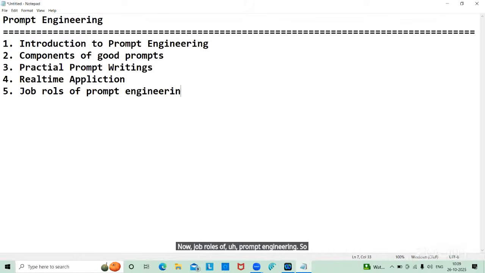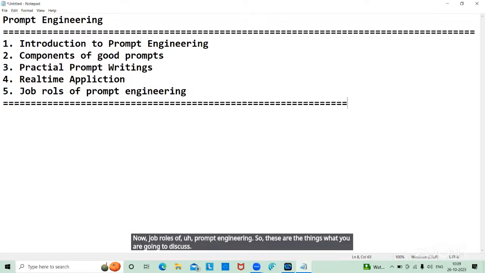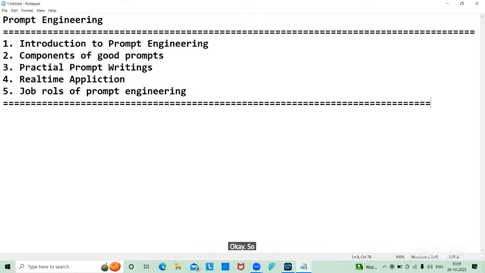So these are the things you are going to discuss. This is what you're learning as a part of this workshop. The first point is an introduction to prompt engineering. The second is components of prompt engineering.